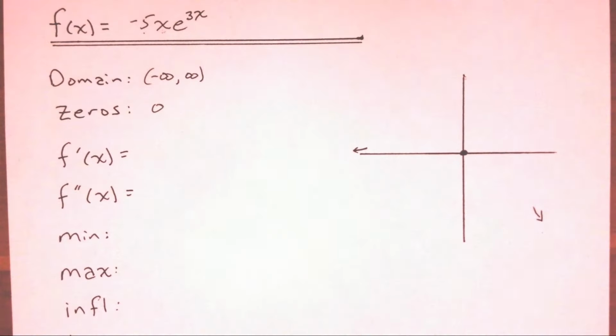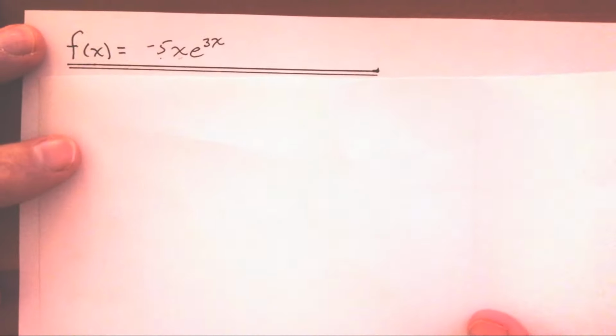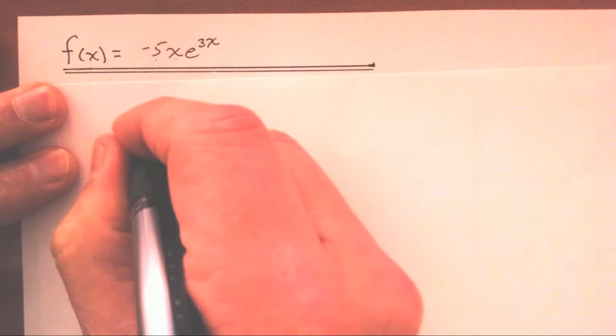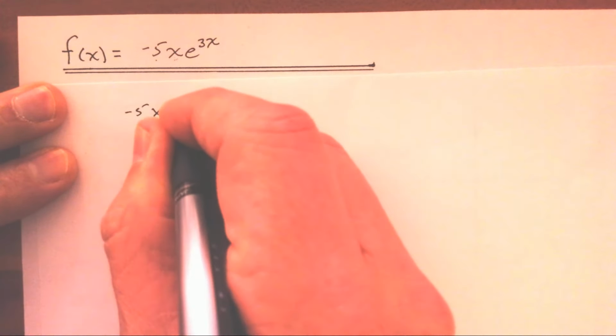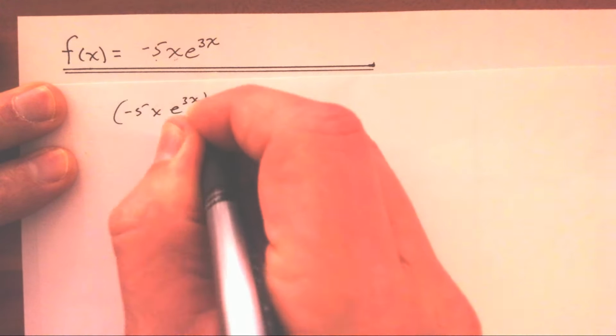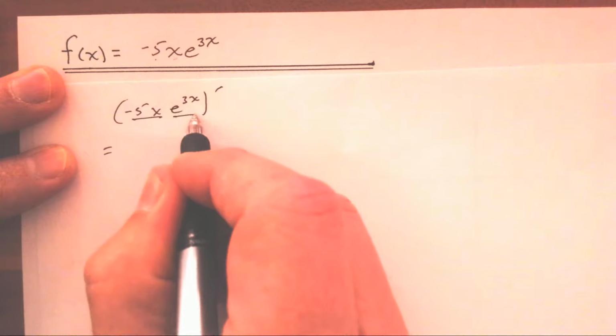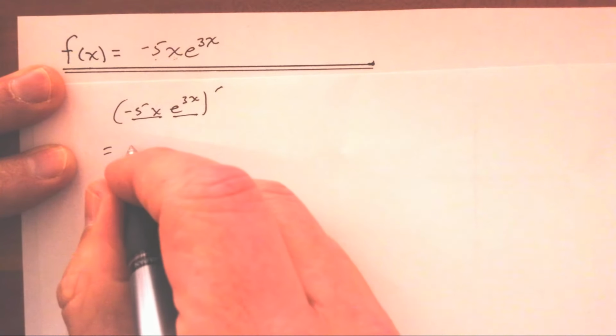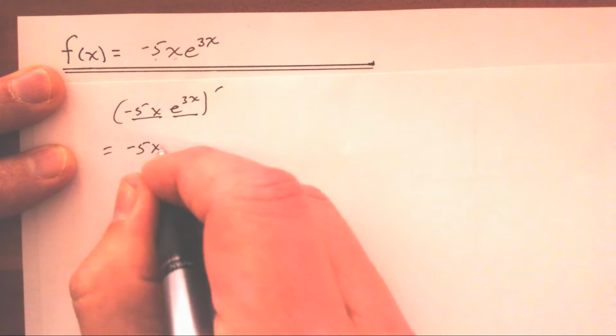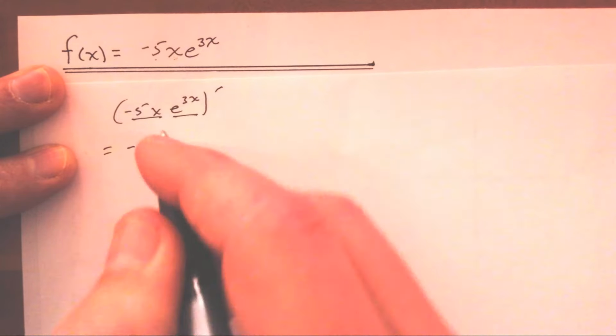Okay, with that, let's start talking about derivatives. So I'm going to find -5x e to the 3x's derivative. That is equal to, this is a product rule, first function times second function. I want the plain old first function times the derivative of the second function.